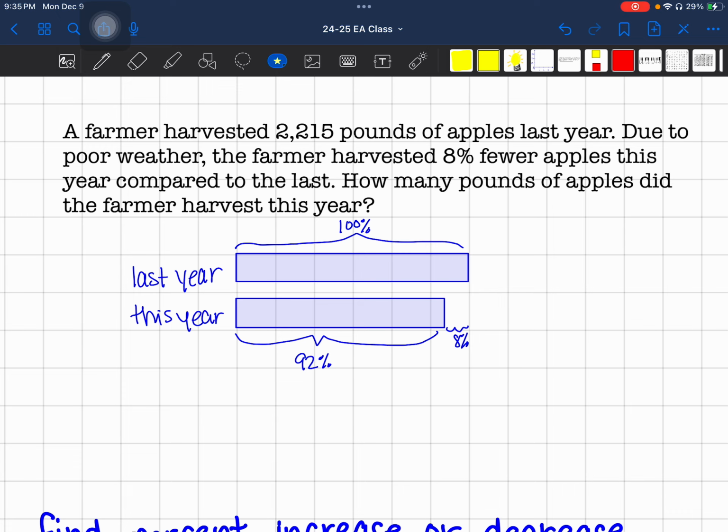Your model should look like this, right? Last year, he had 2,215 pounds of apples, which is 100%. And now we're trying to find how much this year, which has been reduced by 8%.